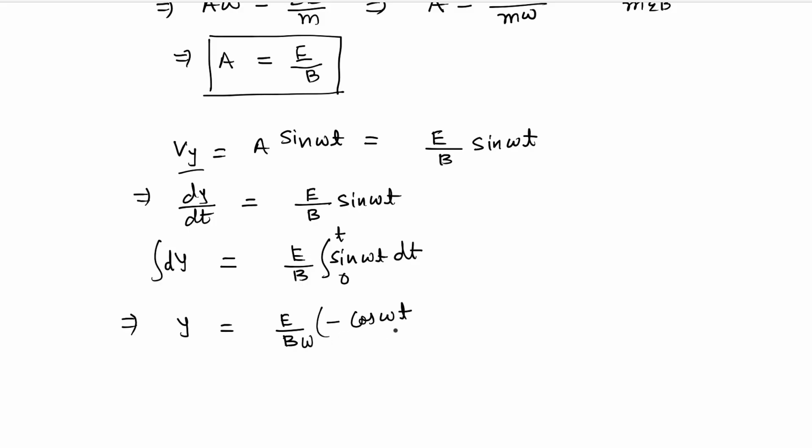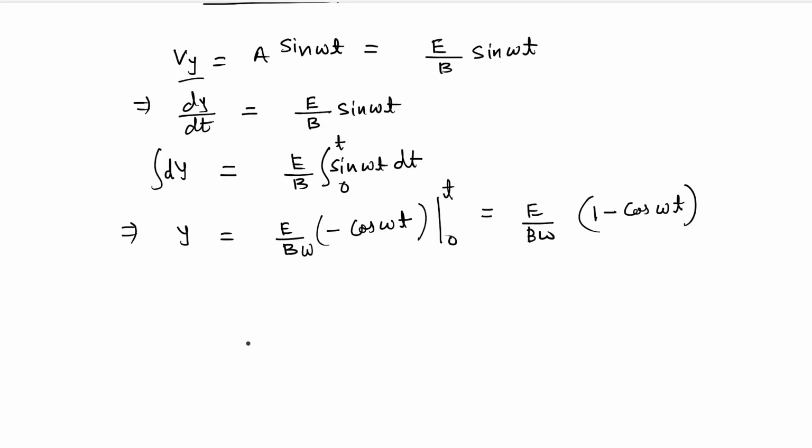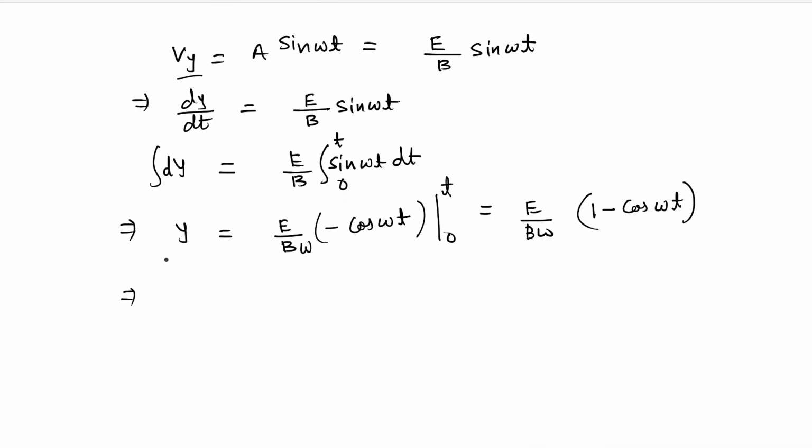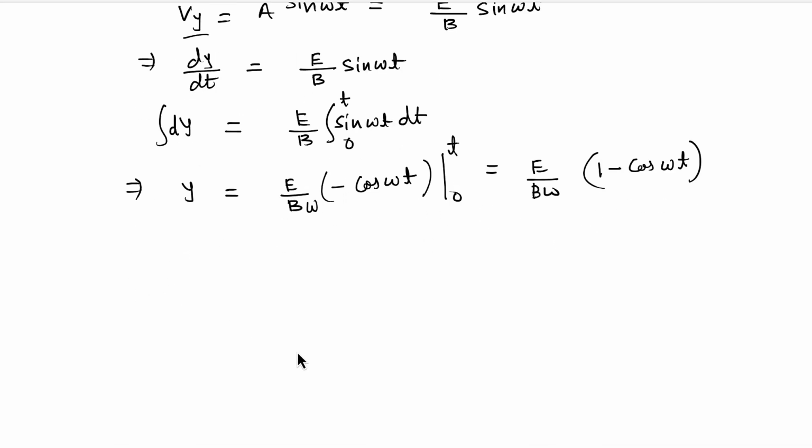So omega will come here, from 0 to t, which is E by B omega times (1 minus cos omega t), right? Now we got the expression for y.